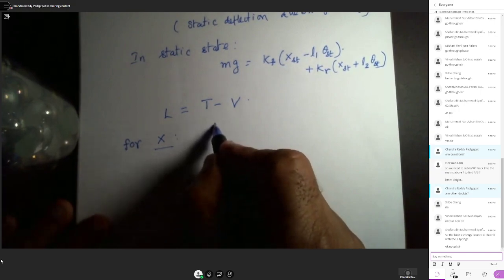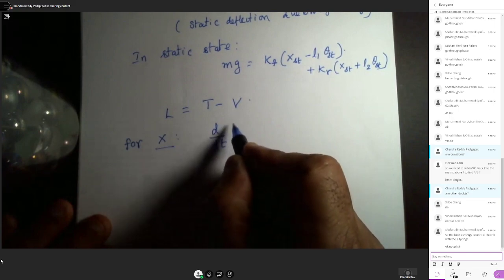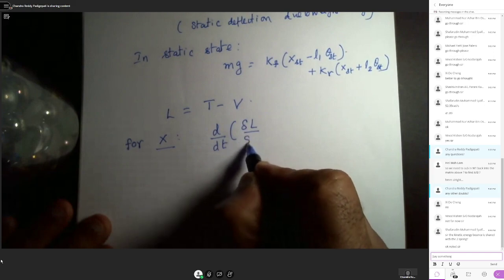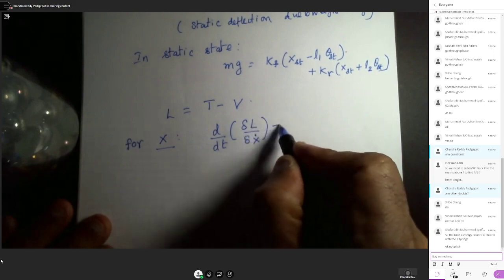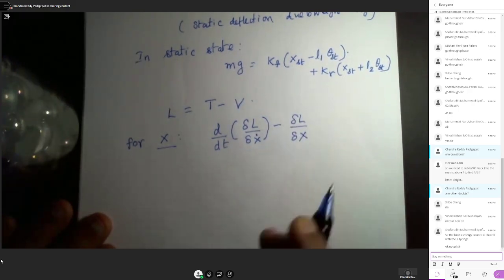So for the bounce x, you write the total derivative d by dt of the partial derivative of L over x dot, minus the partial derivative of L over x.